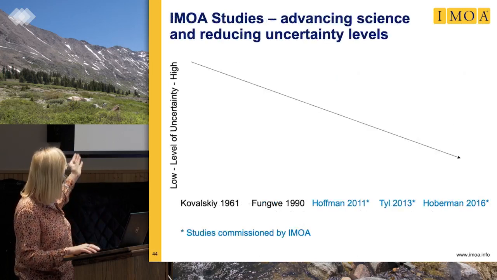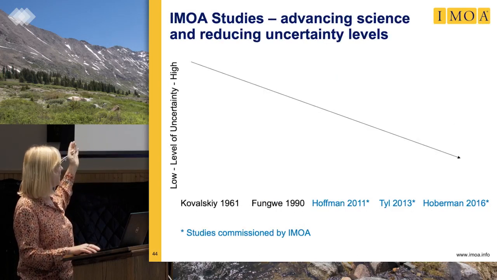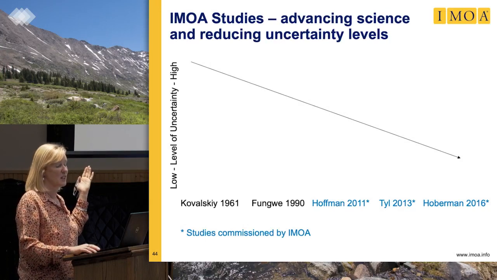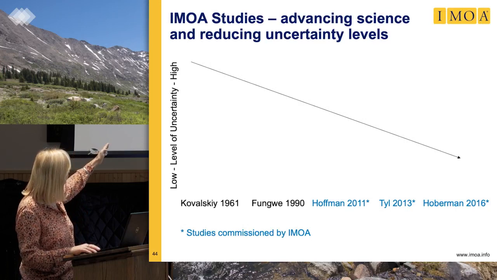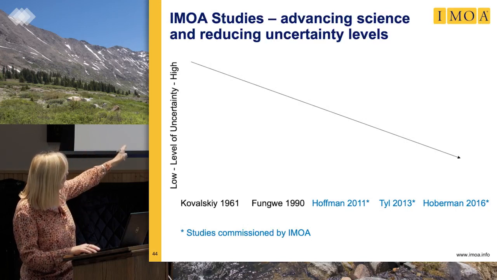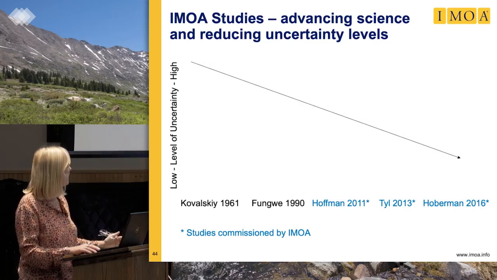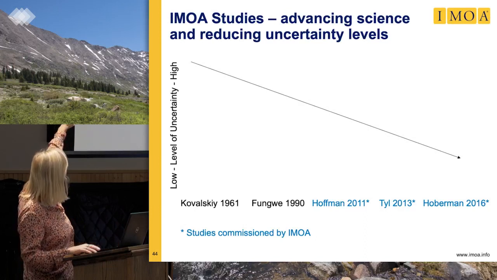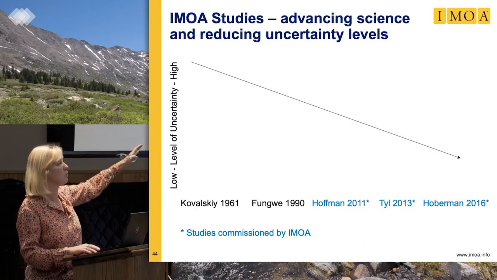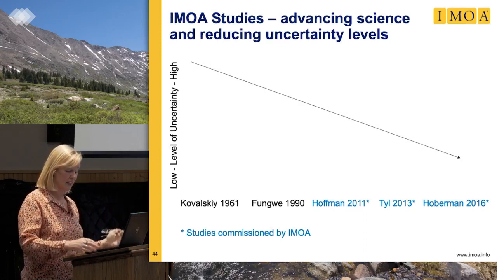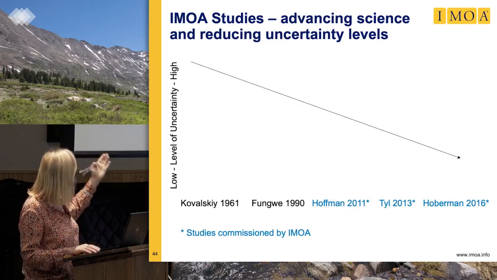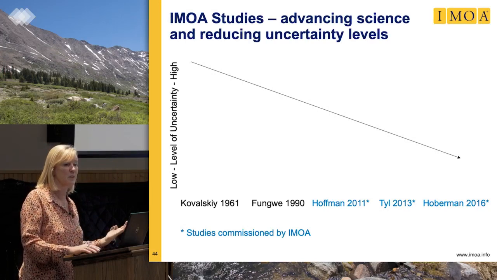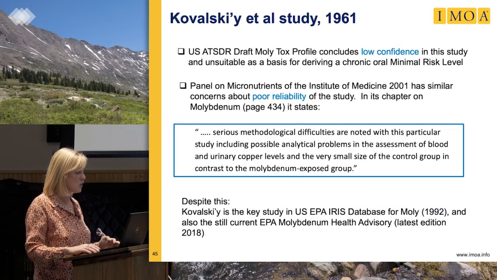In our case, if you start with the Kowalski study in 1961, which is actually the basis of the EPA IRIS database, and then Fungi came along, and then the 3 in blue are the studies that IMOA commissioned, you have a higher level of uncertainty earlier on. We are learning a lot more now, and it's all being done according to very prescriptive protocols set internationally. That surely is reducing some of the uncertainty around all these topics.